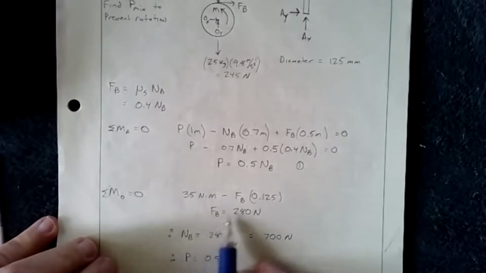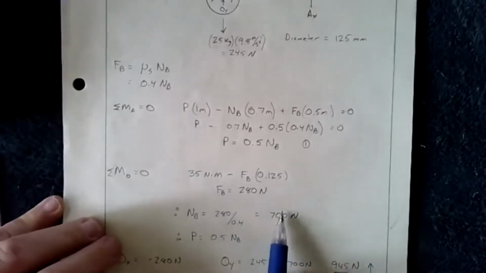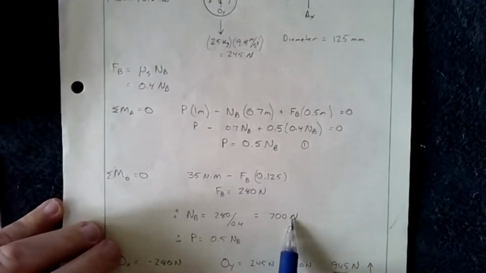So now that we have that, we can go back and find the normal force at B, because we know the friction force at B. If friction force is mu times N, then normal force is friction divided by mu. So we get 280 divided by mu, and our normal force is equal to 700. And so now we know it's 700.